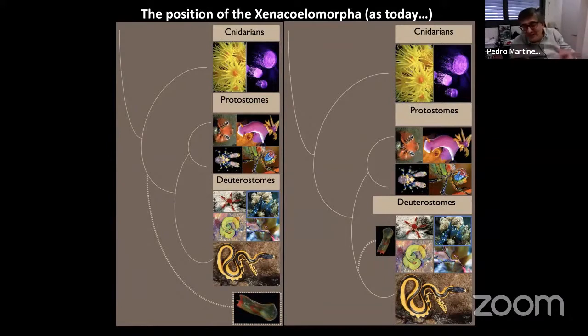Let's say that the one that is mostly accepted would be the one to the left, in which Xenacoelomorphs are the sister group of the remaining bilaterians. So in a sense, it would be the first group of bilaterian animals, and the only one of the early bilaterian groups which is still extant, alive.